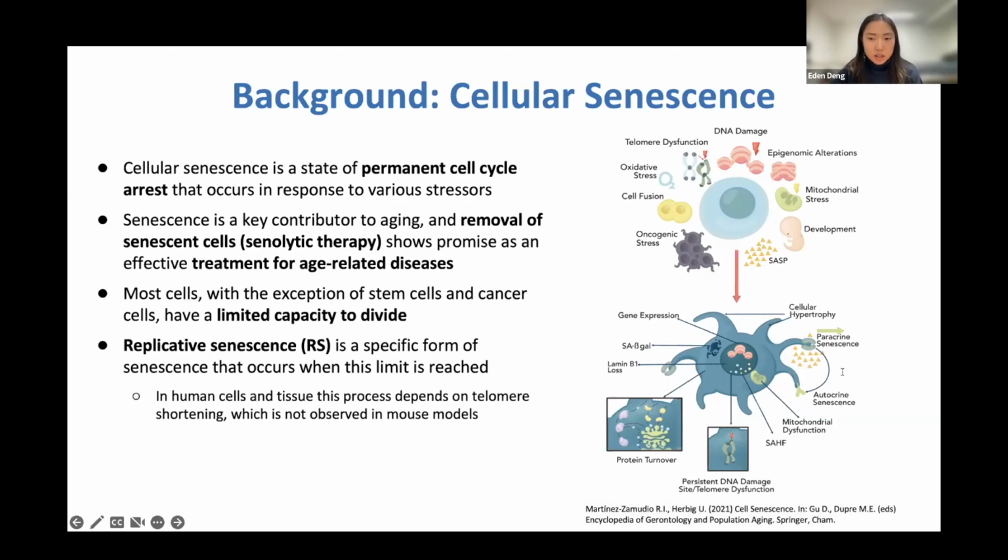In humans, it's pretty much directly caused by telomere shortening, but in mice, for a variety of reasons, including their much longer telomeres, RS seems to be induced by oxidative stress and some other environmental factors. So by studying RS in human cells, we hoped to capture some senescence targets that maybe aren't as well known from mouse models of senescence.